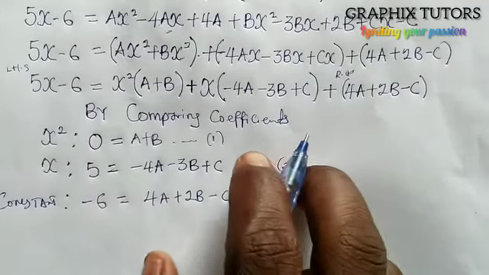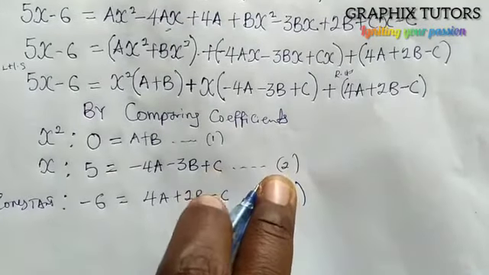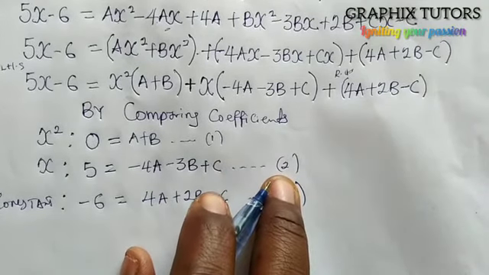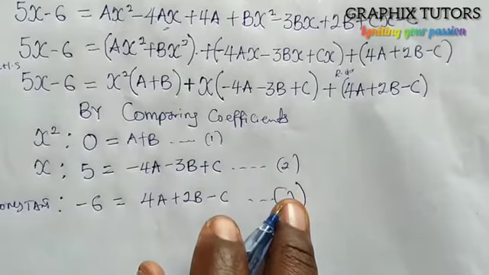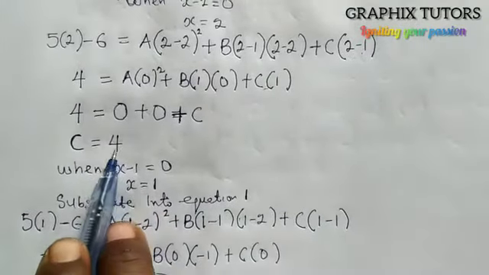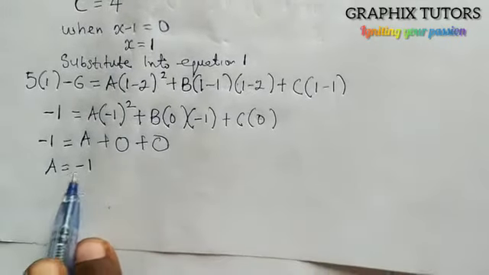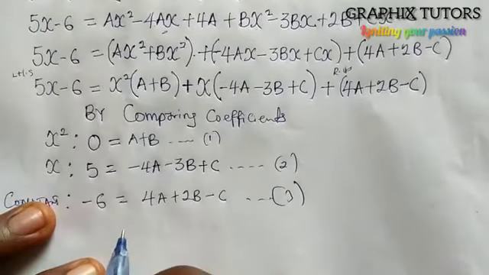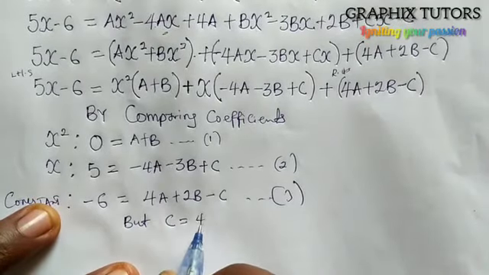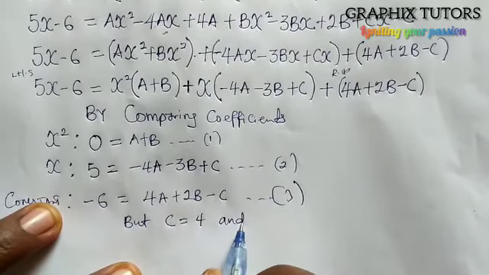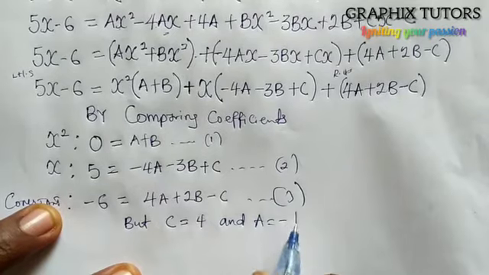Meaning you know fully well that in what I solved earlier, my c is 4 and a is minus 1. So I'll write, but c is equal to 4 and a is equal to minus 1.